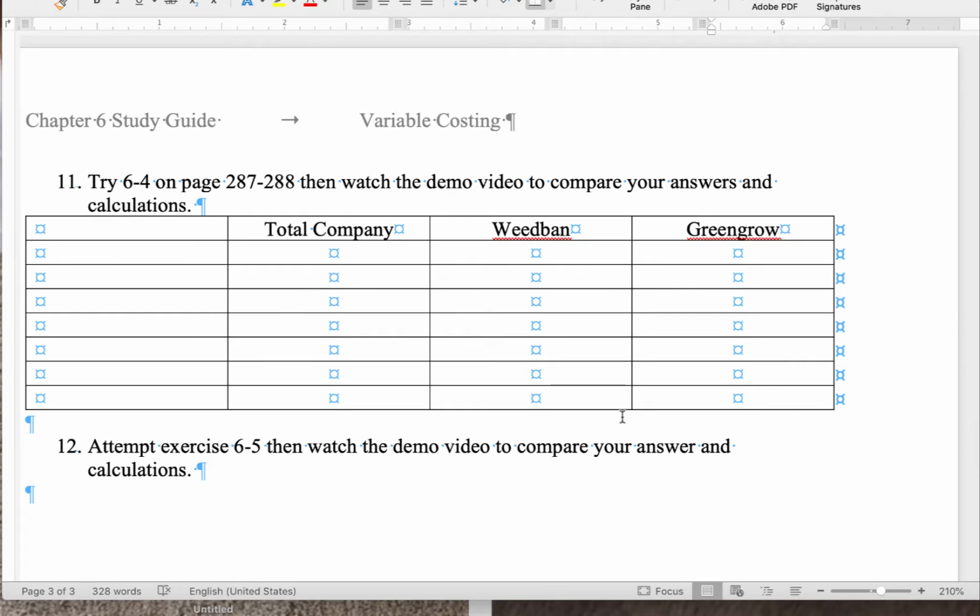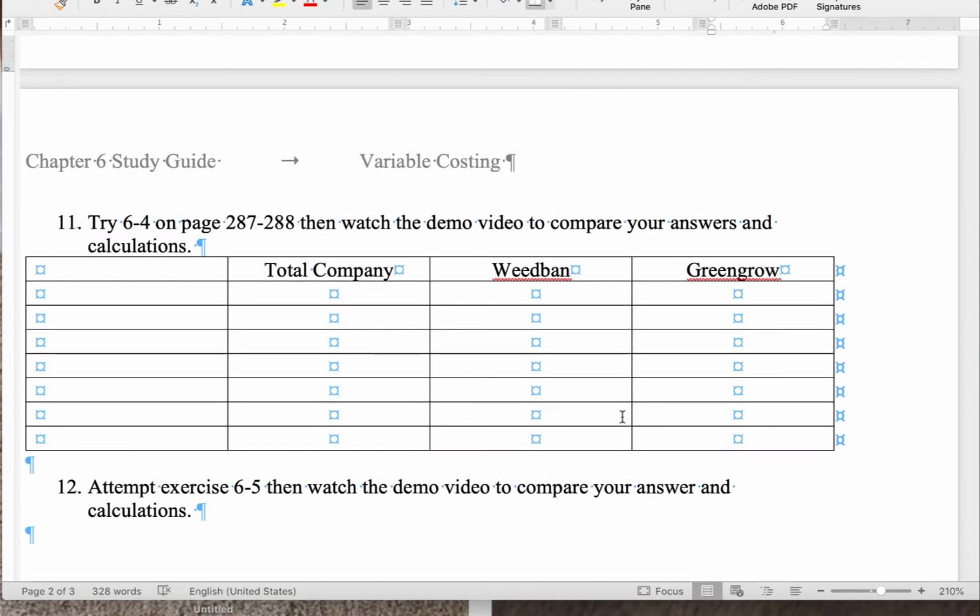Now, number 11, it's actually pretty easy, okay? What they want us to do is prepare the contribution formatted income statement. Super easy to do. They give us enough information to figure out what the sales are, the variable costs, the traceable fixed costs, and they also tell us what the common fixed costs are.